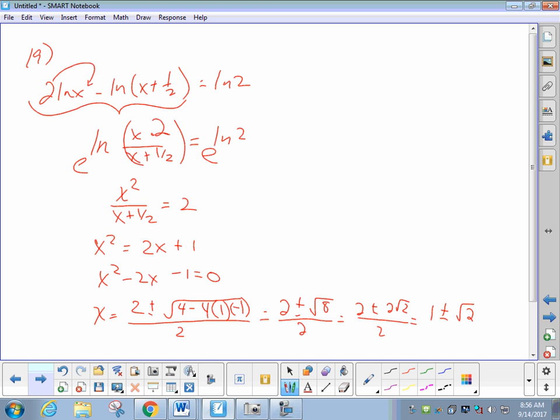Now remember, root 2 is about 1.4. So 1 plus root 2 is about 2.4, and that would be okay domain-wise. But 1 minus root 2 is negative, and that would be a violation of the domain, so that's a no. So I would say the one solution is 1 plus root 2. Does that make sense? Okay.